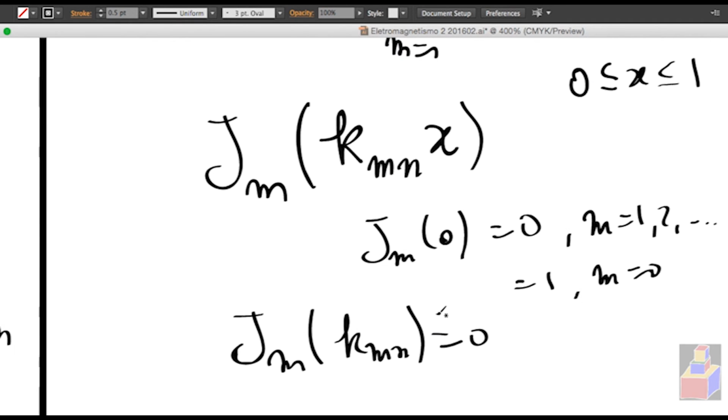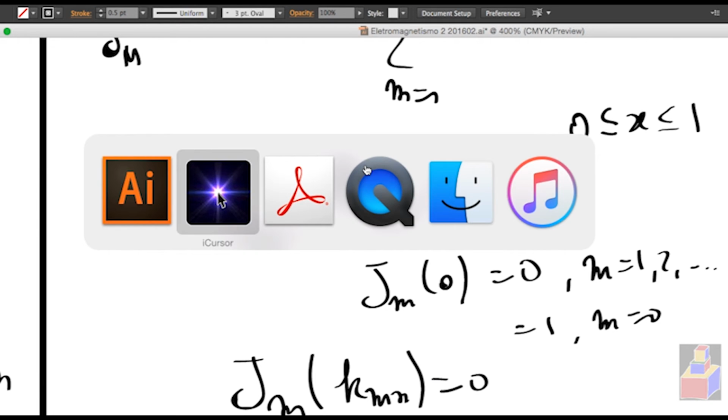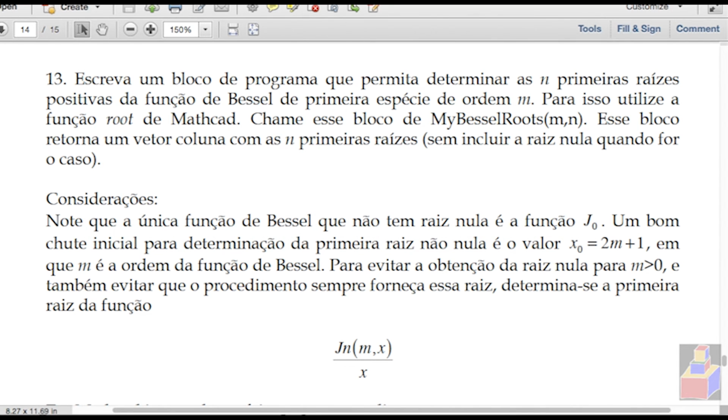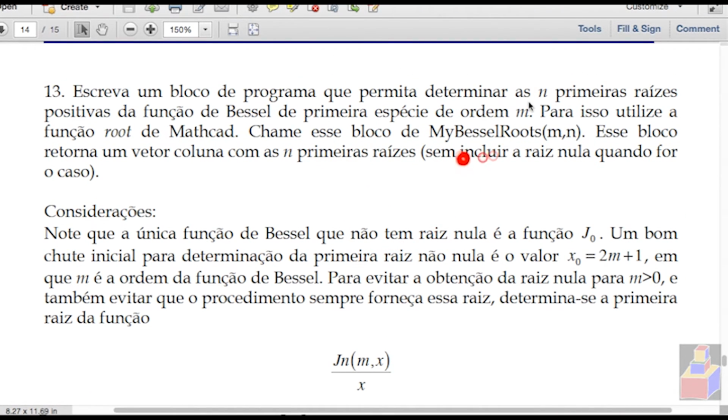So to build those functions, what do we have to do? We have to find the roots of the Bessel functions. So the two final items in this assignment are to make program blocks to determine the first n roots of a Bessel function. You do that to build orthogonal functions.